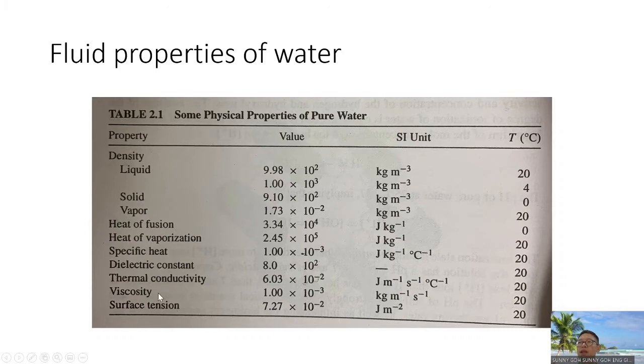And viscosity is measuring the easiness of flow. If a substance has a high viscosity, basically it means that substance has a high restriction to flow. If it has a low viscosity, basically it means that it is easy to flow. So in this case, for water at 20 degrees Celsius, it is 1 multiplied by 10 to the power negative 3 kilogram per meter per second, right?